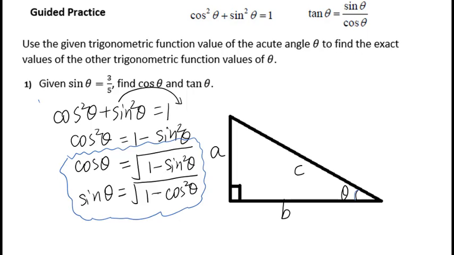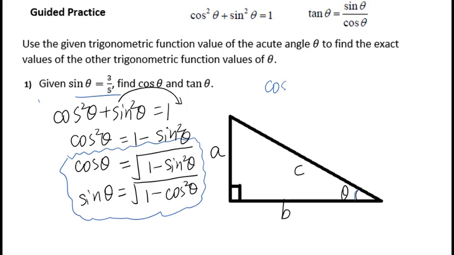So remember this formula we get from sine squared theta plus cosine squared theta equals 1. We use this to figure out sine theta from cosine theta, or cosine theta from sine theta. Sine theta equals 3 over 5.